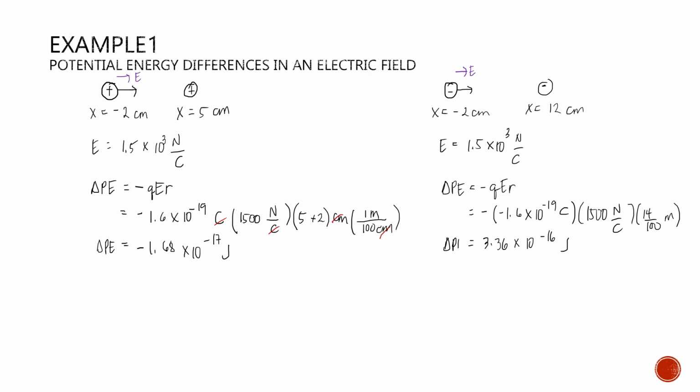So change in potential energy is positive for an electron that is moving towards the positive x direction, same direction as the electric field.